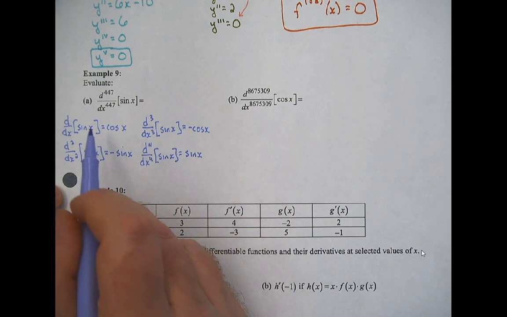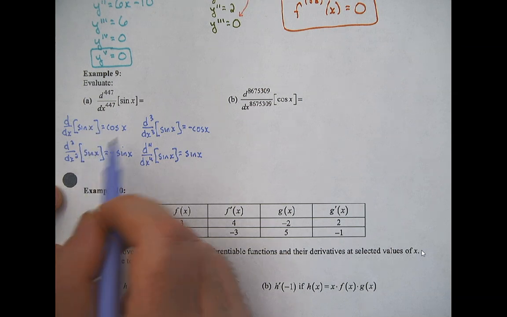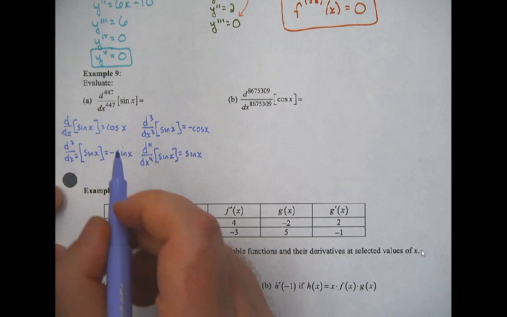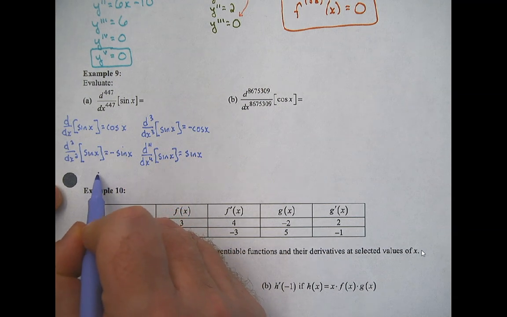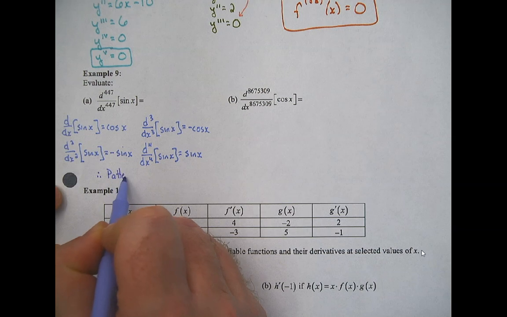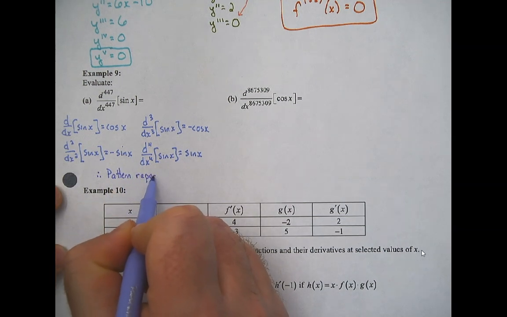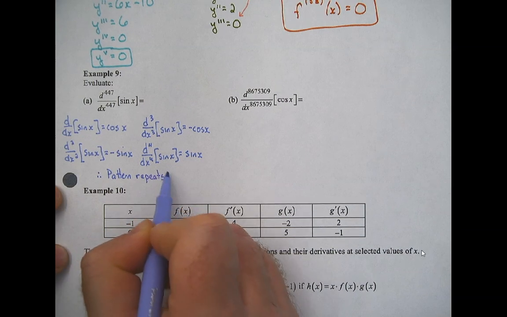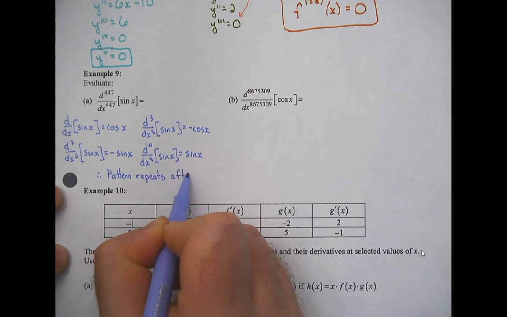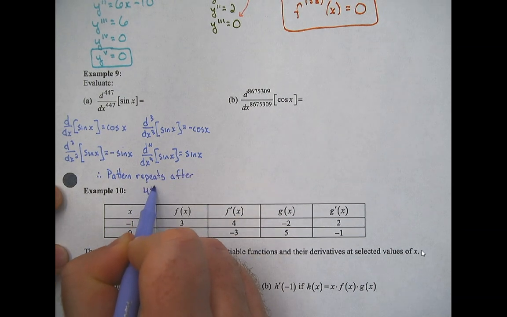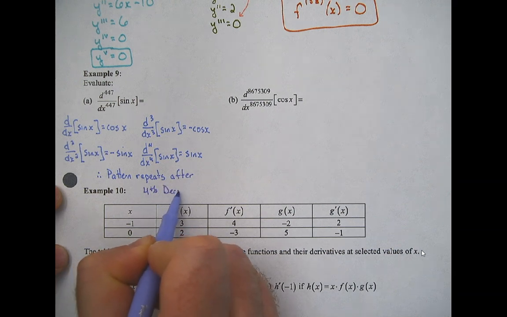The fifth derivative would be the same as the first derivative, the sixth the same as the second, the seventh the same as the third, and so on and so on. Therefore, we have a pattern that repeats after the fourth derivative.